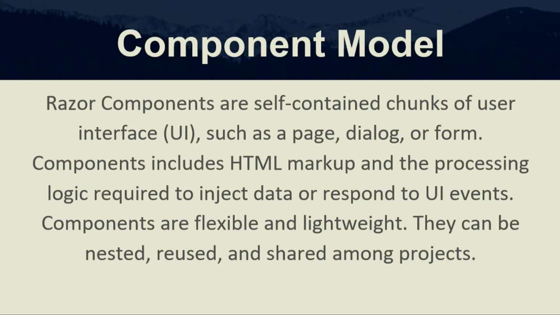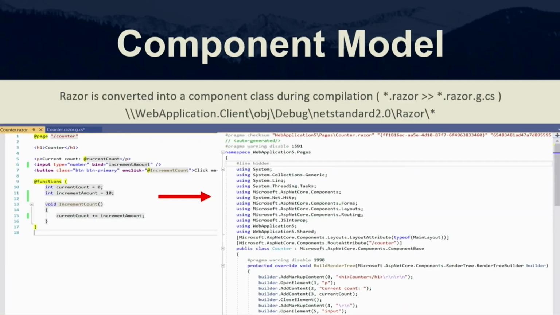So I don't know if this is very clear, but the idea here is, of course, you write your code as Razor code. And then what happens in the background is it is compiled into component classes for you. So it basically compiles standard code into this other ugly looking, it's still C# code, but it's pretty ugly.